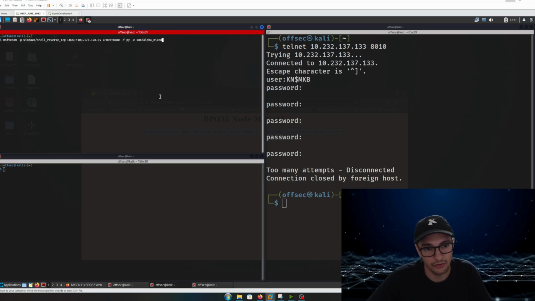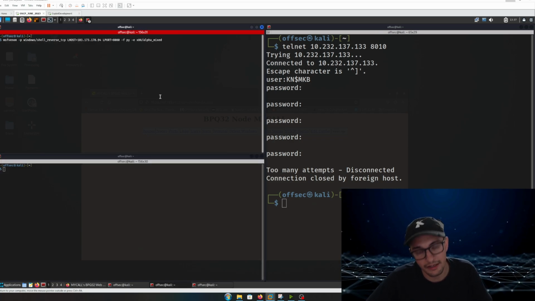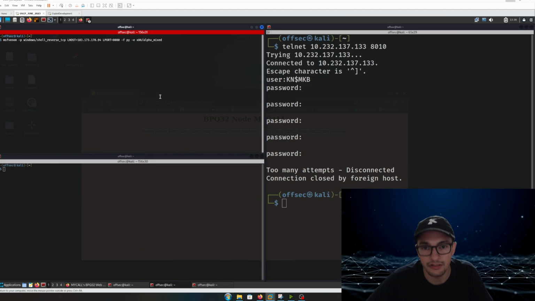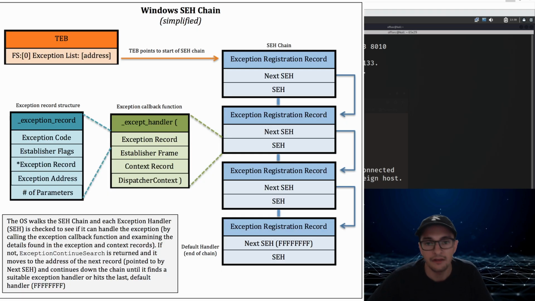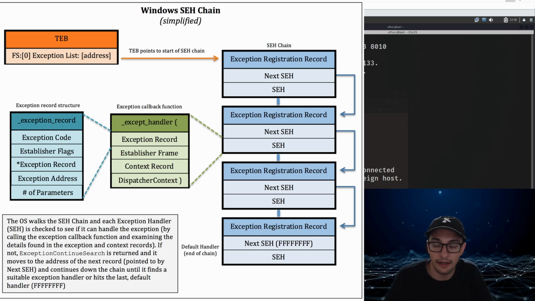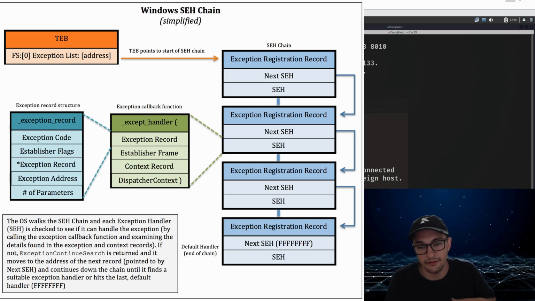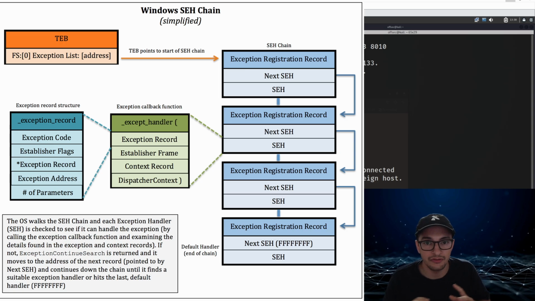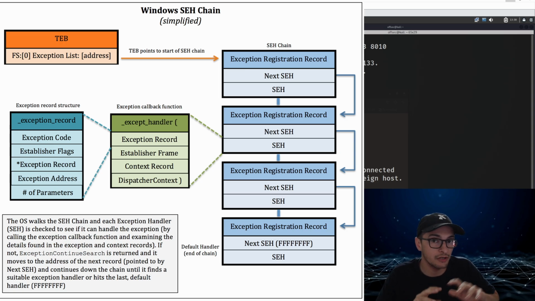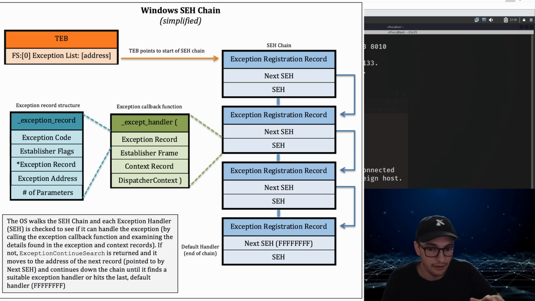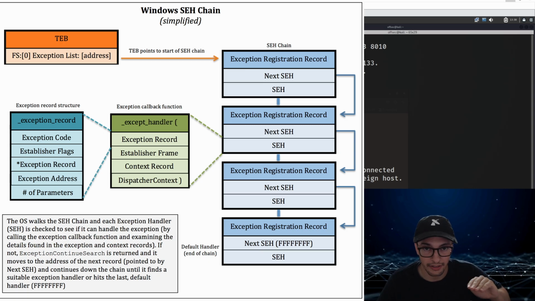So how does this exploit work? This is called a SEH, or structured exception handler, overflow. Typically, whenever Windows runs into a problem with an application, it's handled by a structured error handler. And the developer of the application will do something to try to handle an error in the application, right? And it forms a chain. It's called a SEH chain.